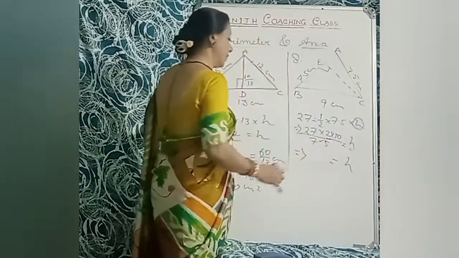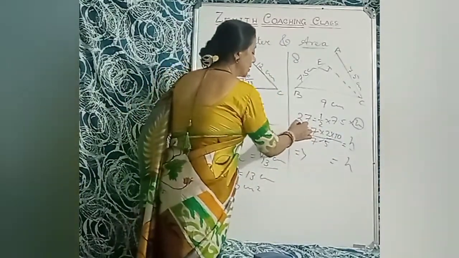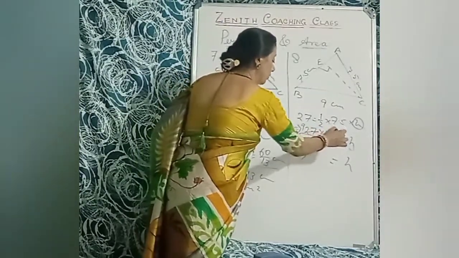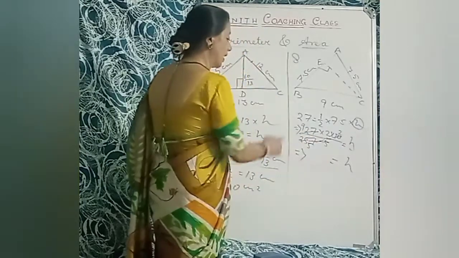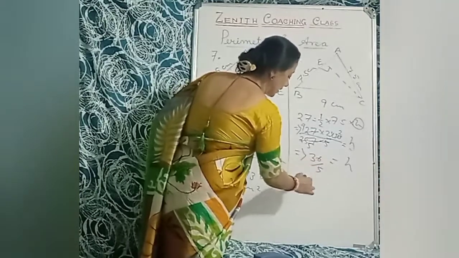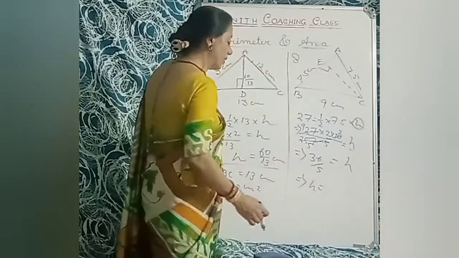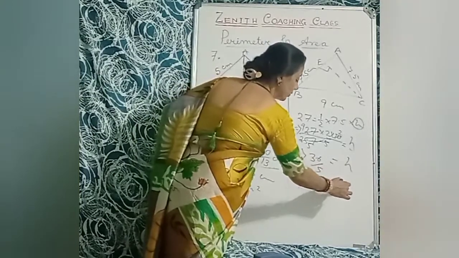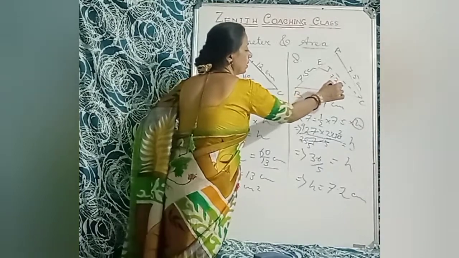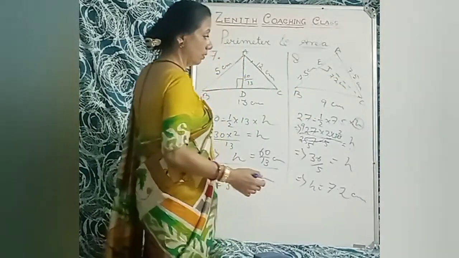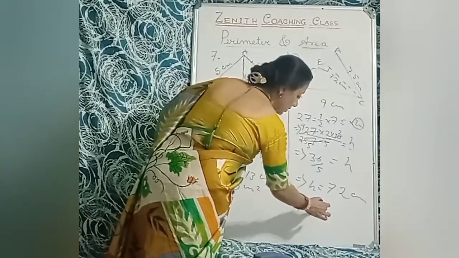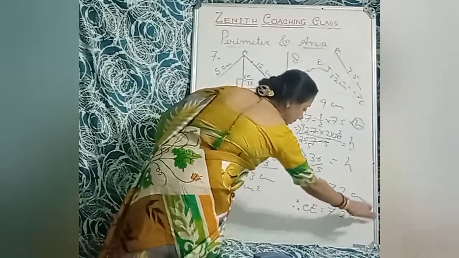So 27 times 10 by 75, that is 36 by 5. If we divide 36 by 5, you will get 7.2 centimeter. I asked you to find out the length of CE. Therefore, length of CE equals 7.2 centimeter.